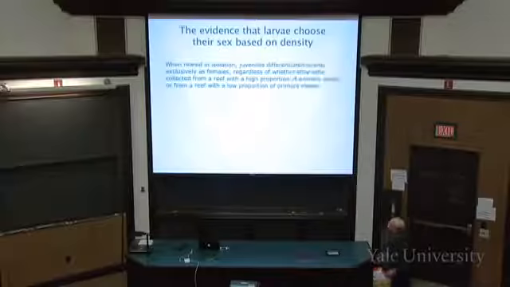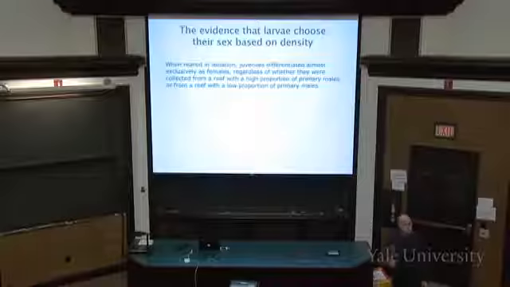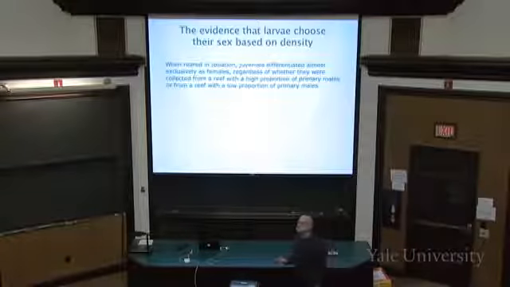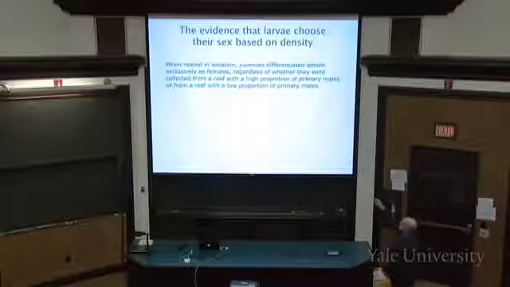So there's some evidence that the larvae are choosing their sex based on density. If you rear them in isolation, the juveniles almost always differentiate as females. So it's like the first one in on the reef, the default condition is to be a female. And that is regardless of whether they came off of a reef with lots of primary males or with a few primary males.